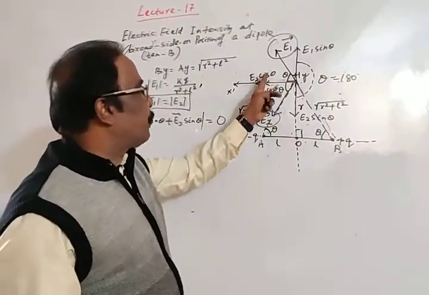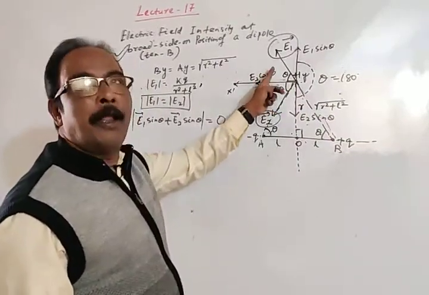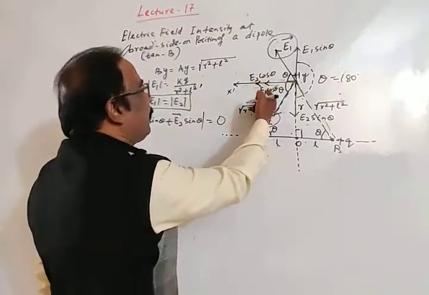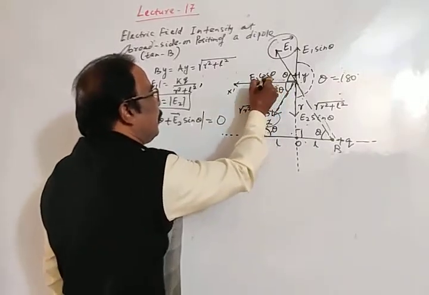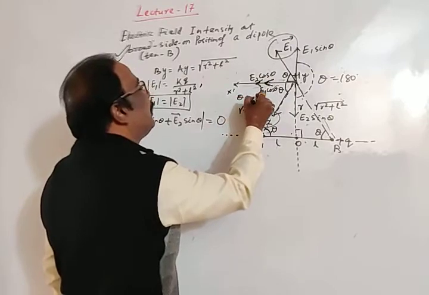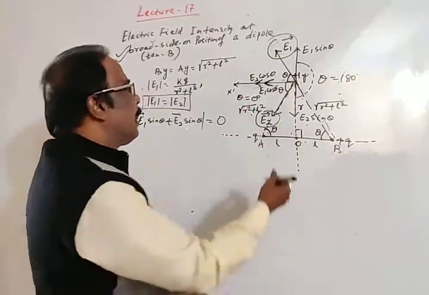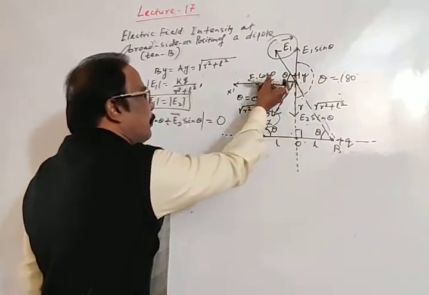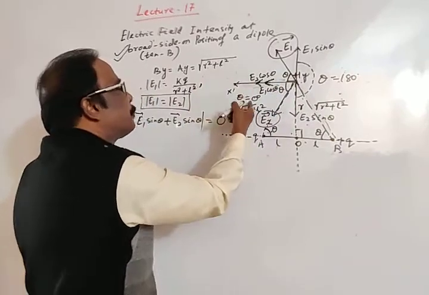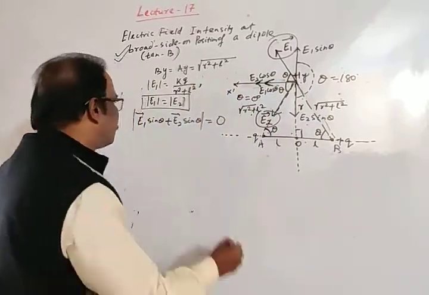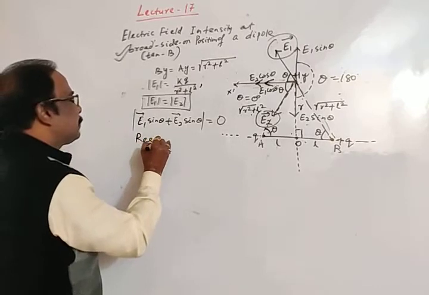Again, about the two components E1 cos theta and E2 cos theta: the angle between them is 0 degrees, meaning both are along Yx dash.